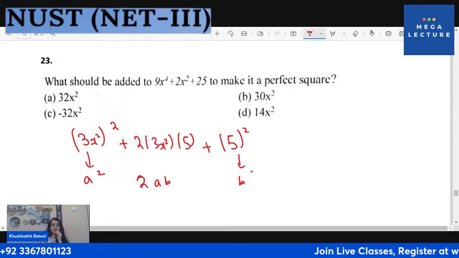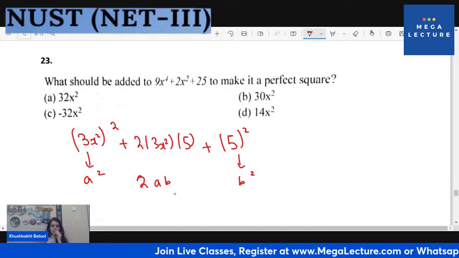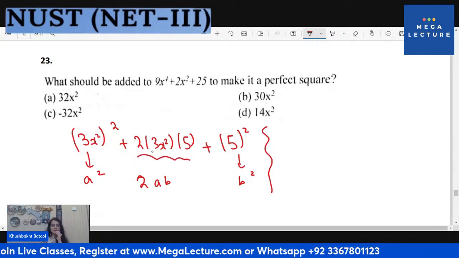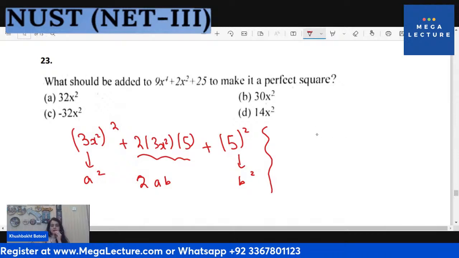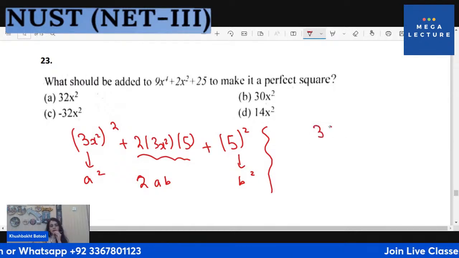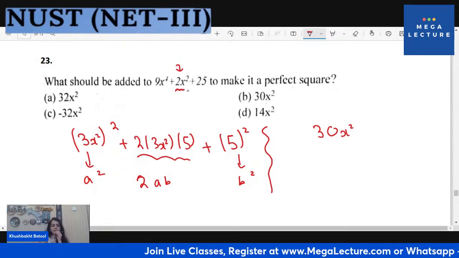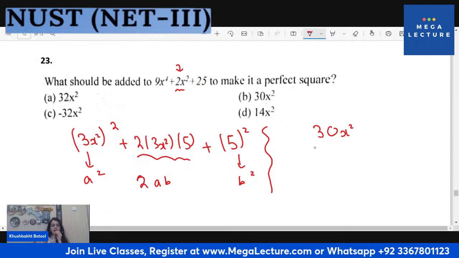So we all know this is how we define any quadratic formula, right, for a perfect square. Now this term is basically what? 6 into 5. 6 into 5 would give me 30x squared. I need 30x squared here. I need to get rid of this 2x squared and I need 30x squared.